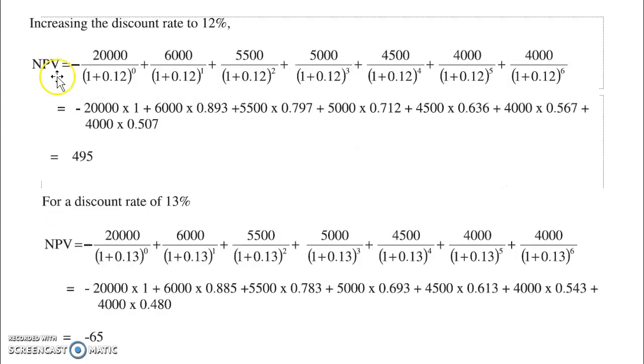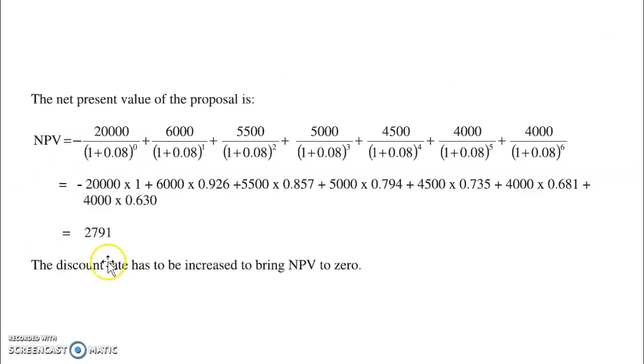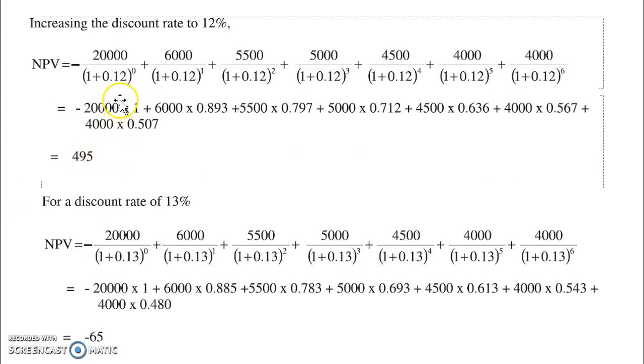Now I will take my discount rate to be 12%. With this 12%, I will find out my NPV. Now we can see that it is 495. That means the NPV has reduced from 2791 at an 8% discount rate to 495 at a 12% discount rate.